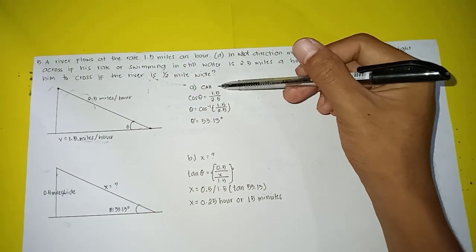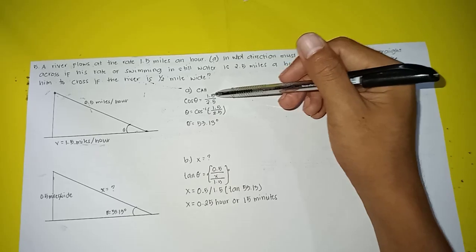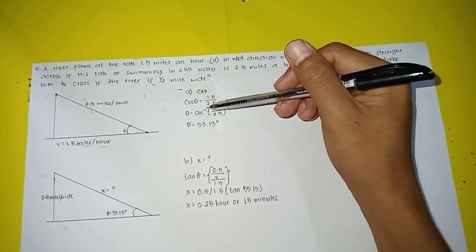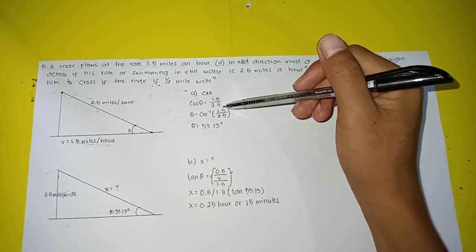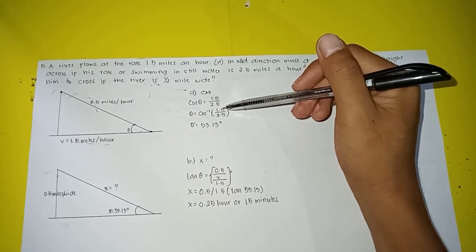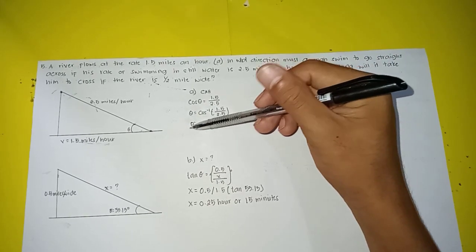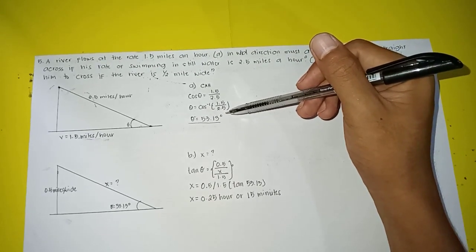So we will use cosine. So cos theta equals 1.5 over 2.5. Theta equals cos negative 1 of 1.5 over 2.5. Theta, the answer is 53.13 degrees.